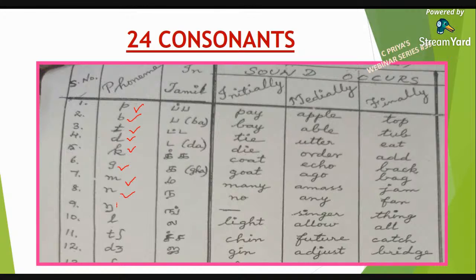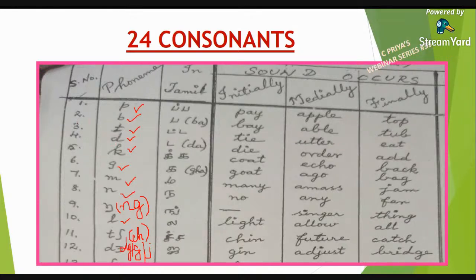This is ng, ing sound. La. Then the 11th one is cha sound, ch. Then the 12th one is ja, J, D-G.